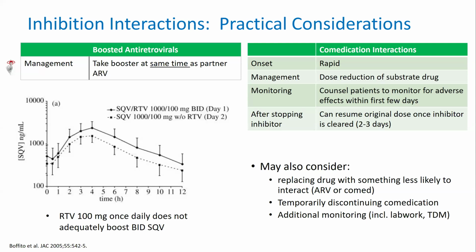Once you stop the inhibitor, you can resume the original dose once that drug is cleared. And again, you can also consider replacing the drug with something less likely to interact, so either from an ARV or a co-med standpoint. If it's possible, can you discontinue the co-medication, or do you need to, or can you do some additional monitoring?